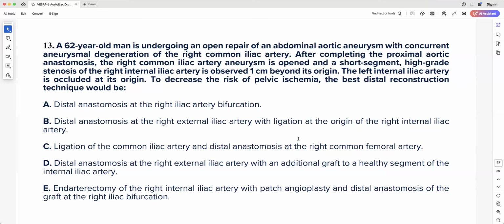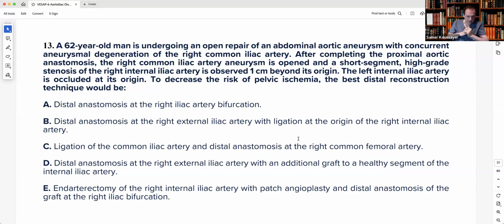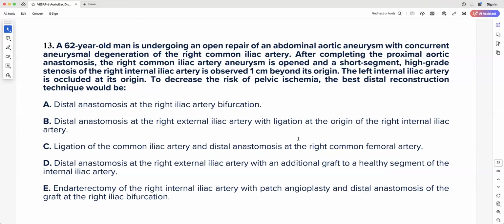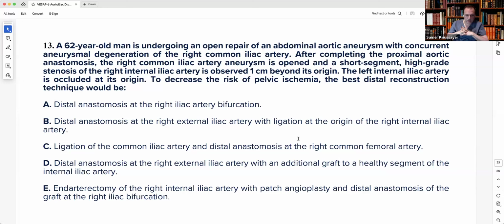For me, I think D is the right answer: an additional graft from the external to the healthy part of the internal iliac artery, which is 1 centimeter away from the origin. What about E? Why is E wrong?